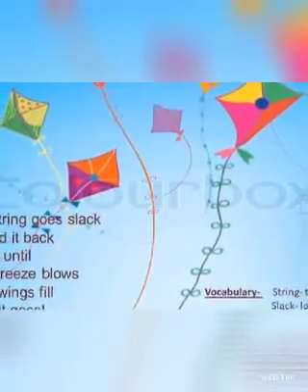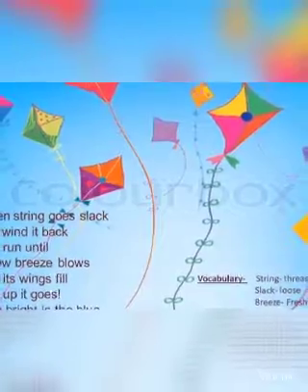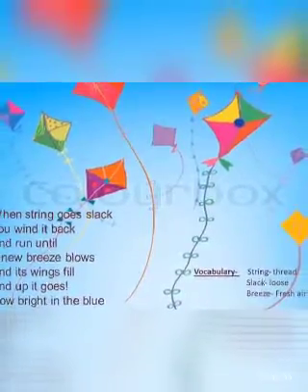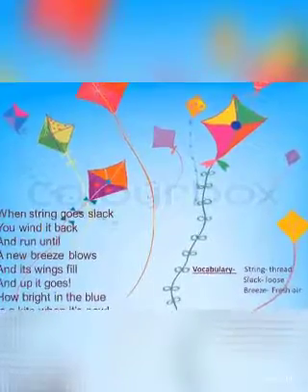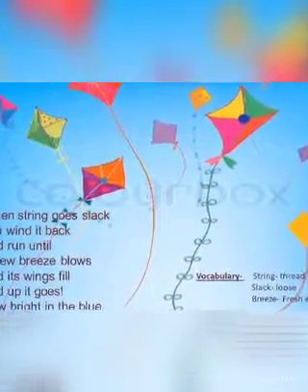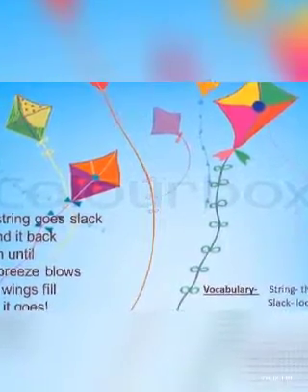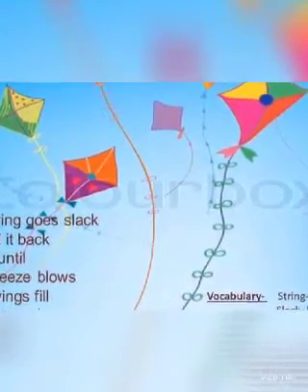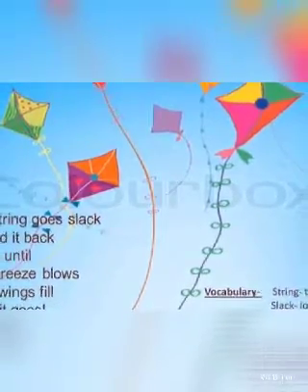He runs and rolls the string back so that he can keep the kite from falling down. After controlling the kite, the flyer waits till a new breeze blows again. And when the new breeze blows, it fills its wings with air, and he makes it fly high in the sky.